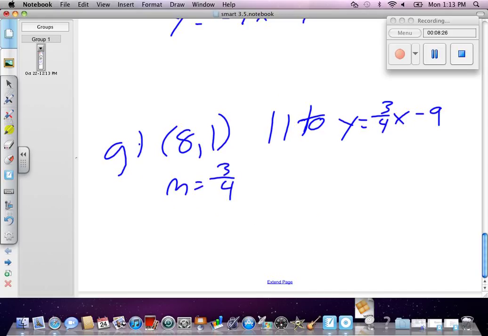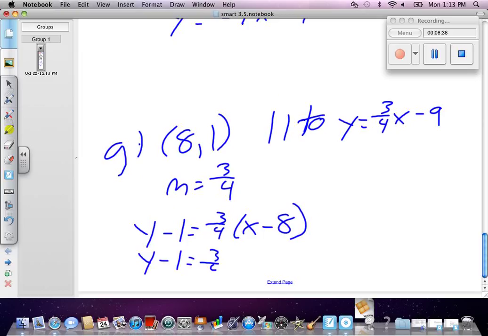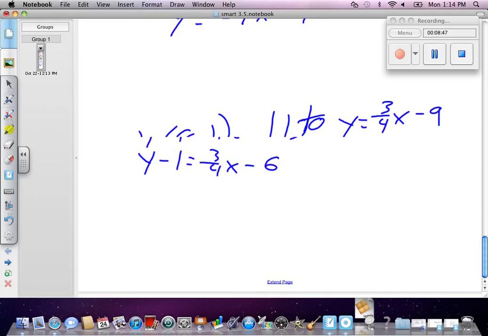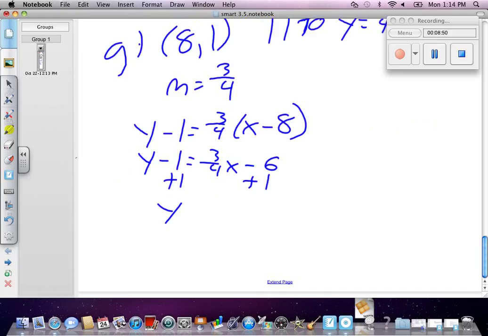So it's the same thing as before. y minus y1 equals the slope times x minus x1. It wants us to put it in slope-intercept form, so I'm going to distribute. 3 times 8 is 24. Divided by 4 is 6. Now I'm going to add 1 to both sides. y equals 3/4 x minus 5.